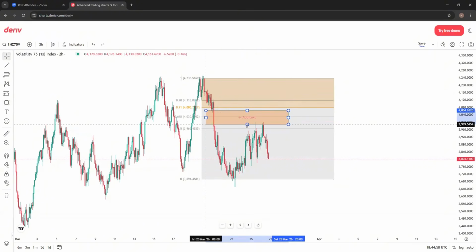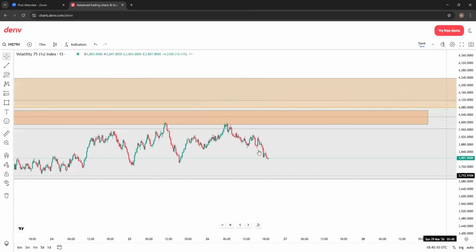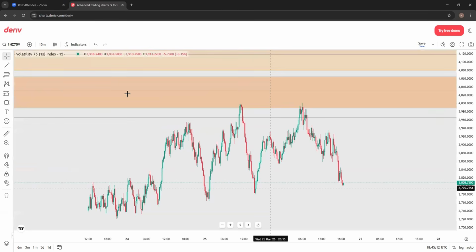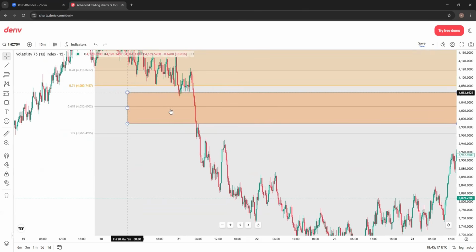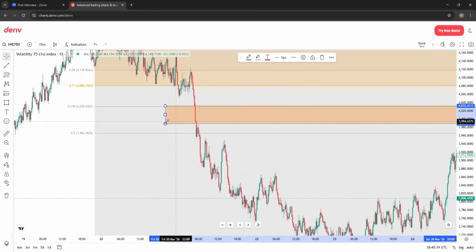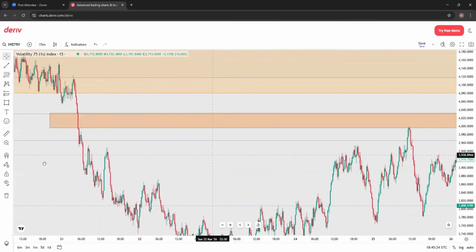Yes. Someone would be like, okay, so isn't the gap supposed to get filled 50%? Let's shift right away to M15 and let's see. Pardon, I didn't hear you clearly.